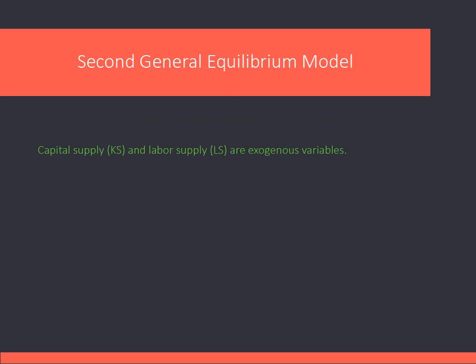First remark, the capital supply and the labor supply are still exogenous variables, so they are not explained by the model. Second remark, alpha, gamma, psi underscore VA, psi underscore IC, psi underscore IJ, C, and A are parameters of the model, so they are going to be calibrated when we have introduced macroeconomic data.